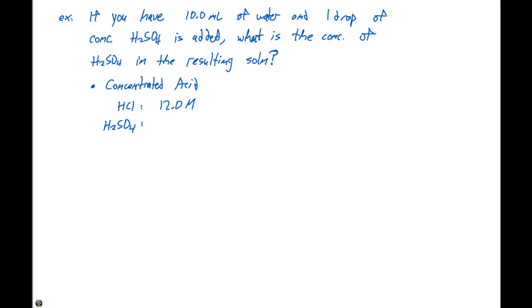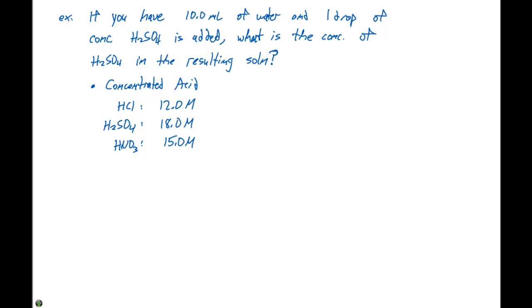Concentrated H2SO4 has a concentration of 18.0 molar, and concentrated HNO3 has a concentration of 15.0 molar. So most of the acids that you use when you perform your laboratory experiments are made from purchasing these very concentrated solutions, and then they're prepared by dilution of these concentrated acids.